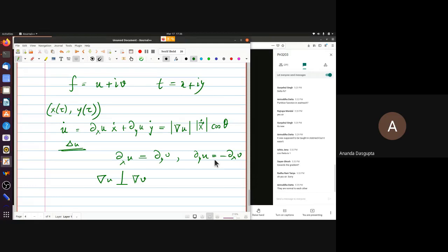So this is a basic geometric fact about analytic functions. In the direction in the complex plane in which the real part changes most rapidly, in that direction the imaginary part does not change to first order at all. And the same goes for the imaginary part vis-a-vis the real part.